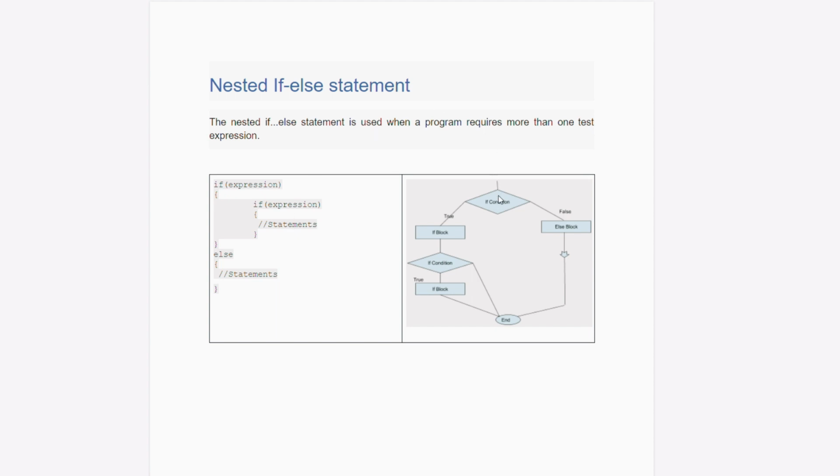In the flowchart, we have the first expression which is validated, and if it's true, we'll be entering the block and validating one more expression before executing the statements inside the block. If the first expression is false, then we'll be going and executing the statements in the else block.